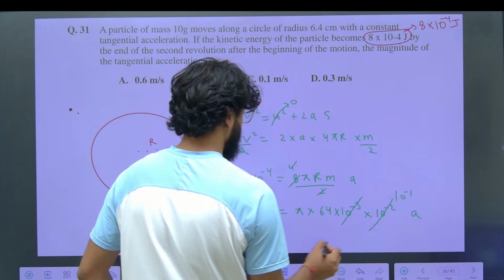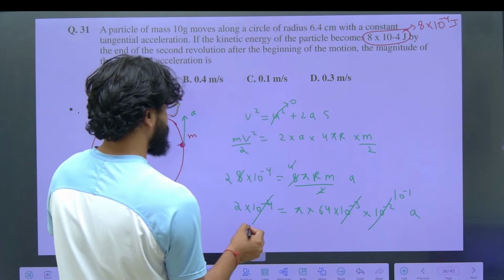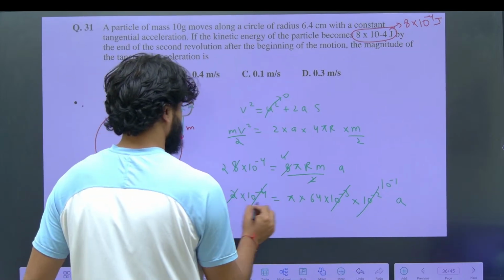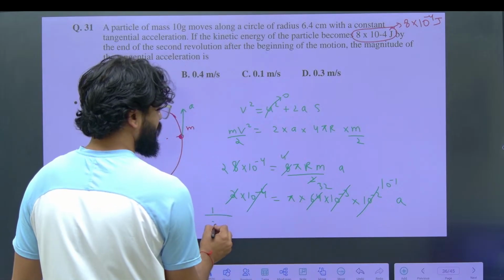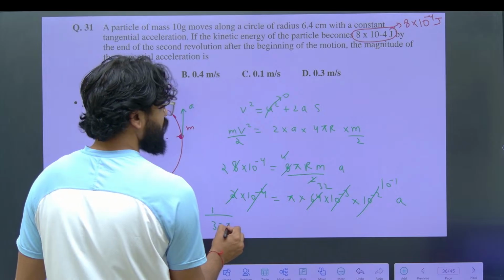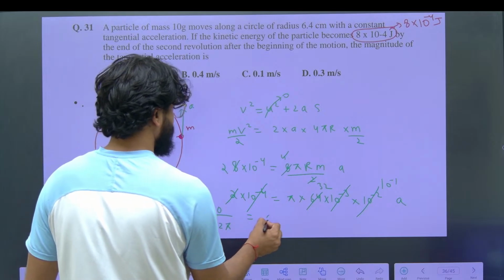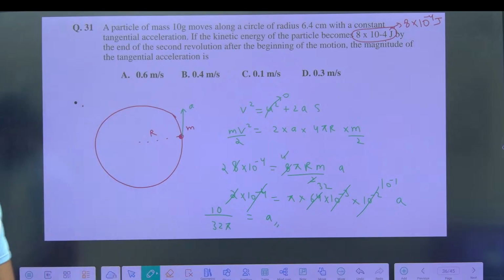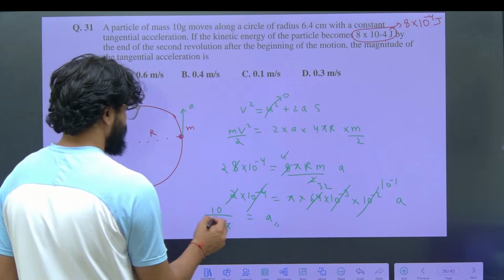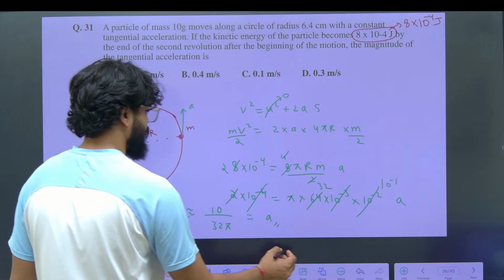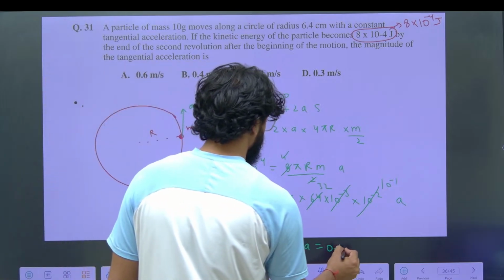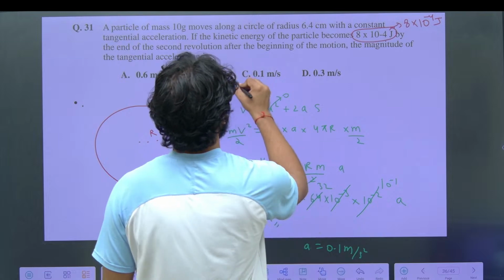It will be 10 power negative 1, so 1 upon 32 pi, and that is 10. Pi can be taken as 3 only. So roughly the answer should be 0.1 meter per second square, right? So a is 0.1 meter per second square.